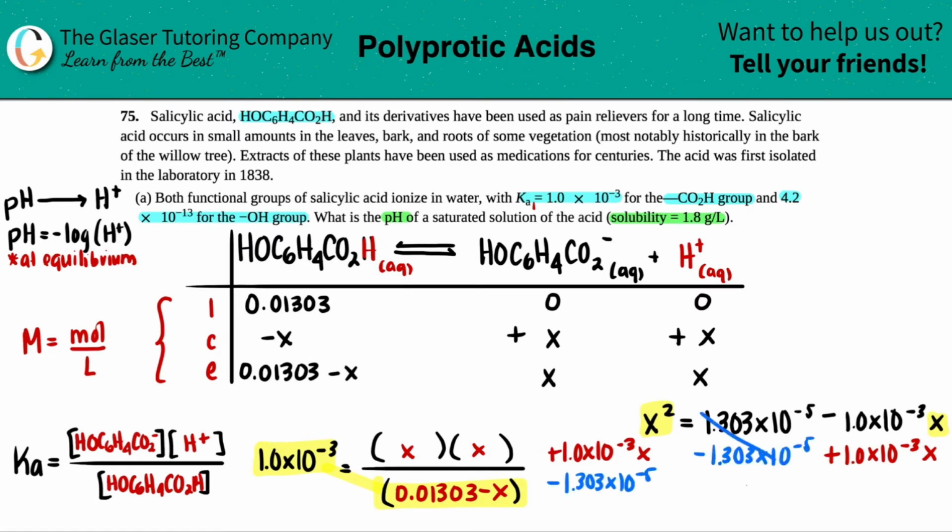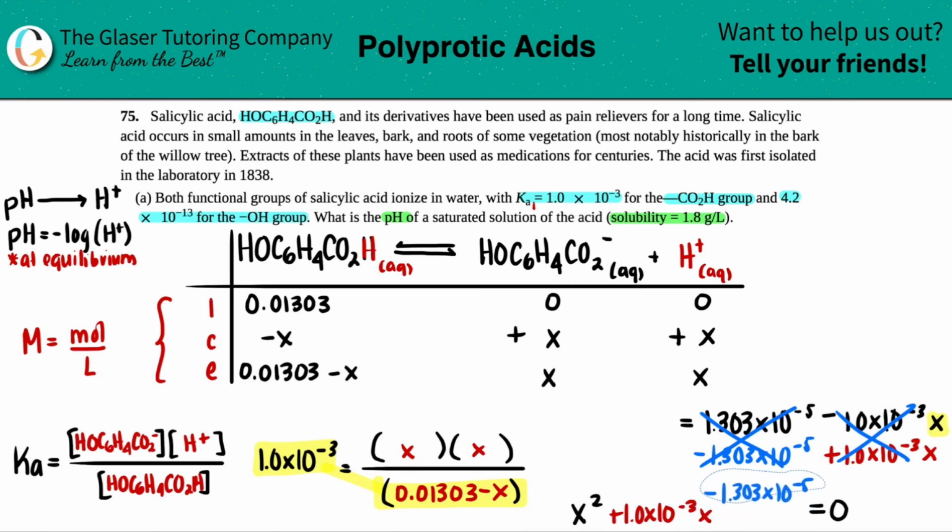So because of that, this cancels, and this cancels. That whole side equals 0. And now if we just clean it up, it would be x squared plus this minus this. And I just need a little bit more room. There we go. Pause the video if you need to.